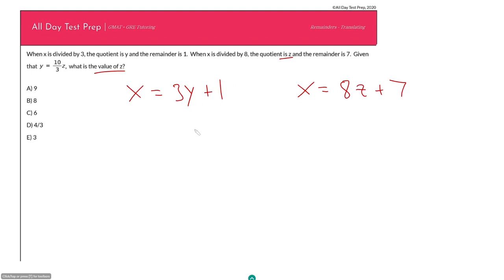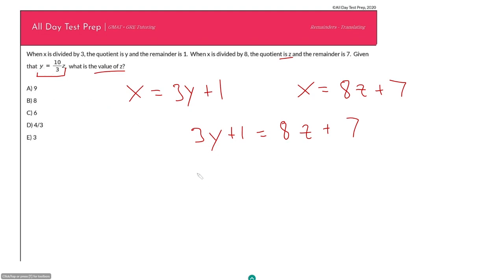So we can get rid of our x by setting 3y plus 1 equal to 8z plus 7. And so we know we want to get rid of our x because the information they give us here is y in terms of z, and therefore having an equation with an x in it isn't going to be solvable. And we're trying to solve for z here. And so if we're trying to solve for z, we want to put y in terms of z, which is exactly what we can do here.